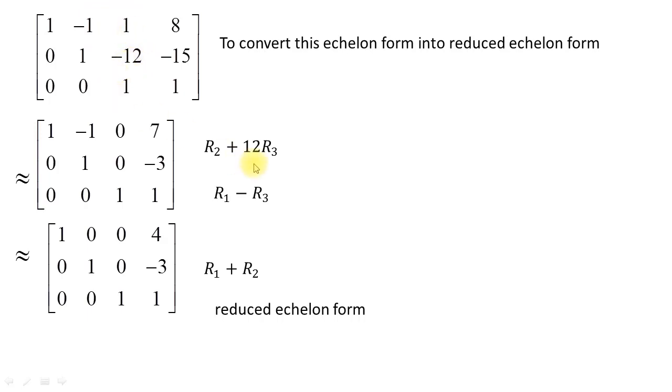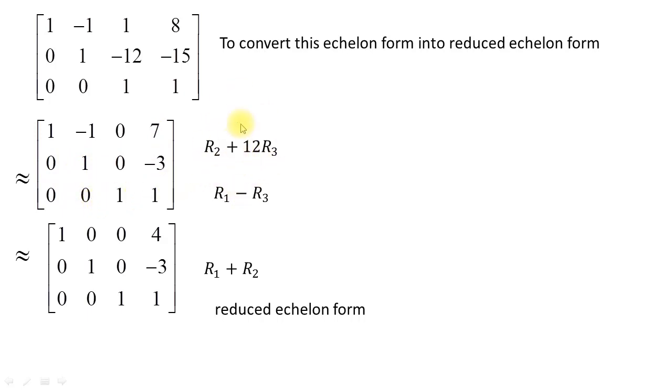For this purpose, multiply the third row by 12 and add to R2, we obtain here 0, and 1, minus 1, 0, 7, and 0, 1, 0, minus 3, 0, 0, 1, 0.